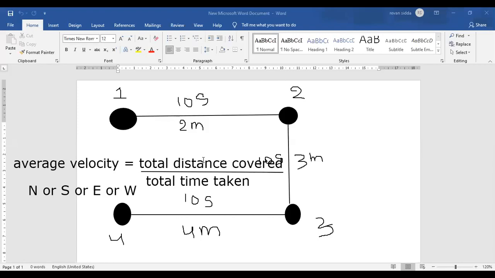That is the reason we will be using total distance covered in a particular direction. Direction indicates displacement only, right? Okay, done. I think everyone understood.